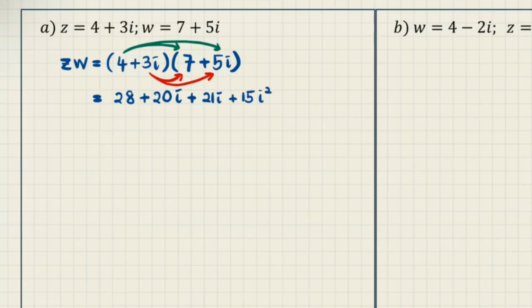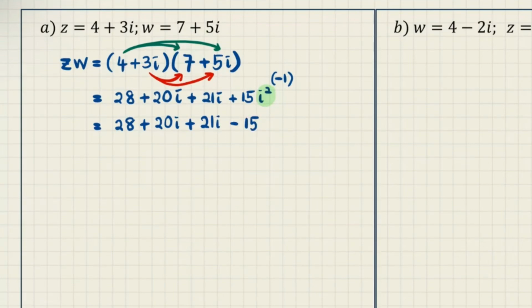Okay, i squared. And then we know that i squared will be equals to negative 1. Okay, i squared adalah negative 1. So dia akan jadi 28 plus 20i plus 21i minus 15.